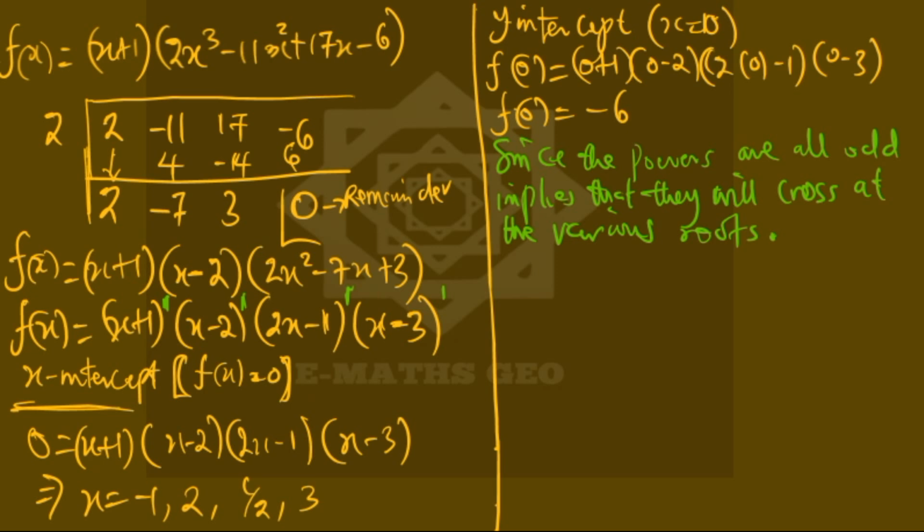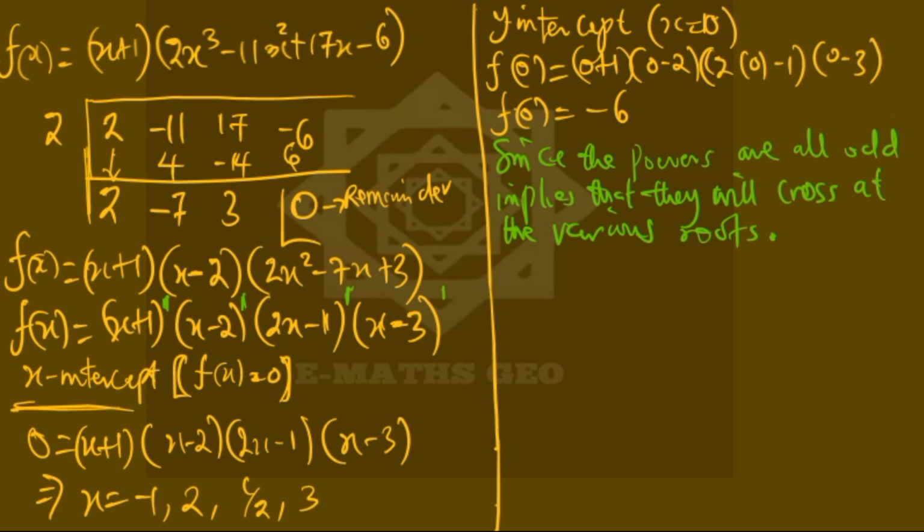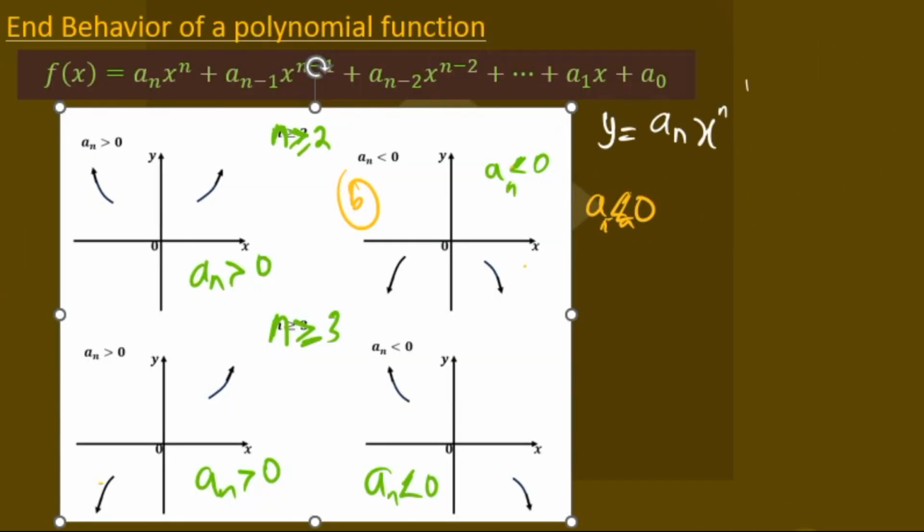The next step, since we know they will cross, is to check the end behavior. The end behavior will help us, as we have four cases. Whenever you are given a polynomial function, the end behavior depends on the power, the highest degree. Our highest degree is 4. Since it's even, it's either the first one or the second one.